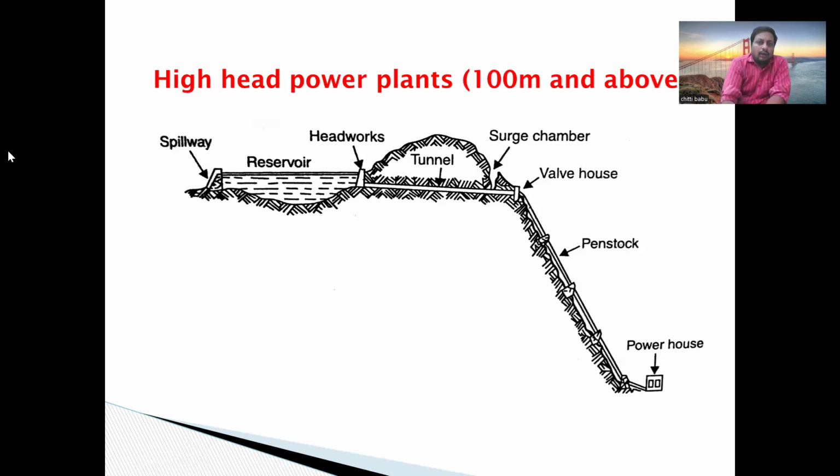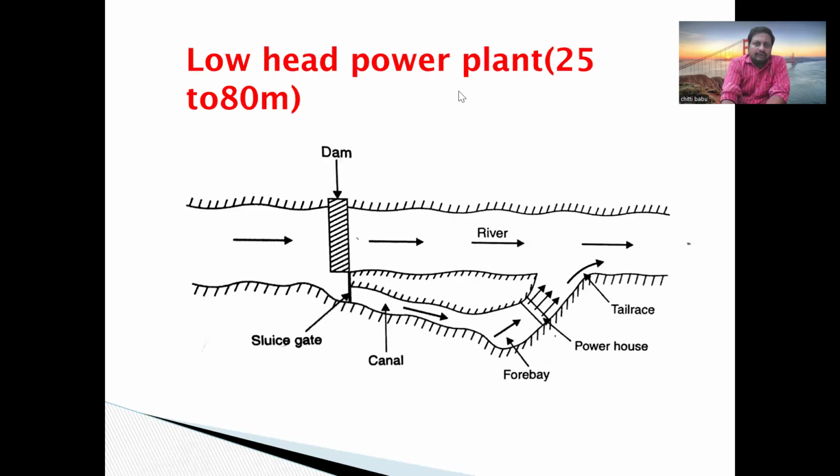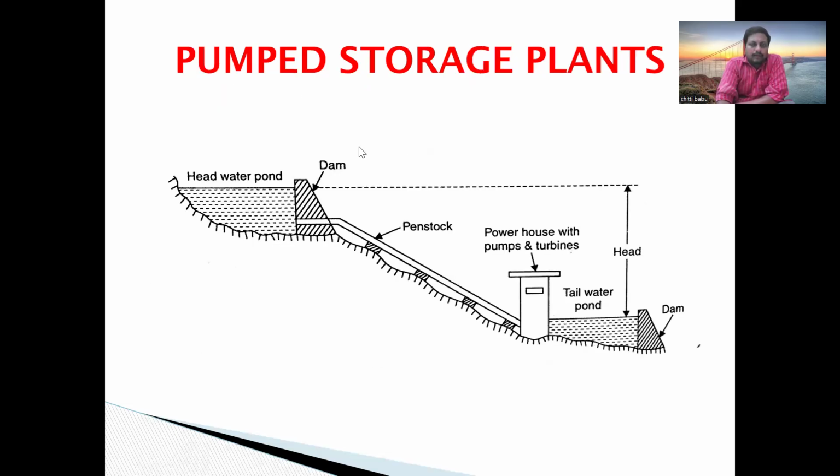In the high head, 100 meters and above, then medium head 30 to 500 meters, low head about 20 to 50, 25 to 80. The best example of the low head power plant is the Kaplan turbine.